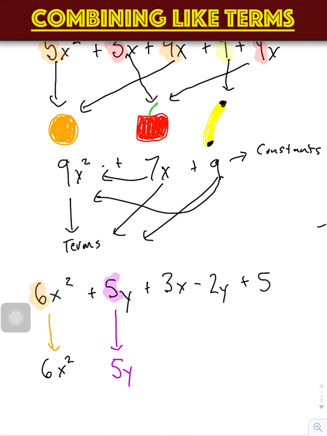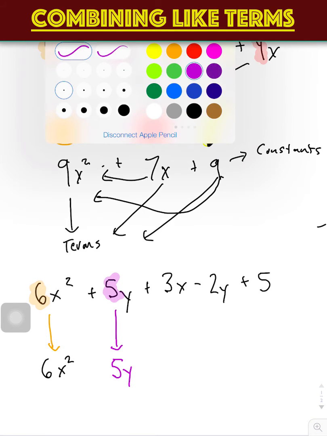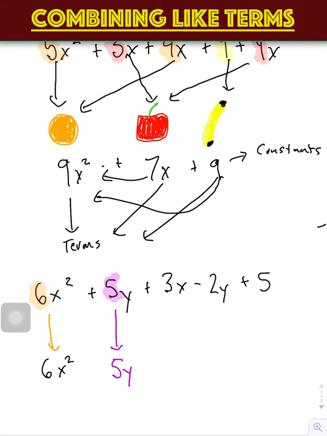And when I look through my expression, I notice that I also have 2 more grapes. What's important to notice is that these 2 grapes include the minus sign, whereas these 2 grapes included a plus sign. So this total grapes, we have 5y minus 2y.